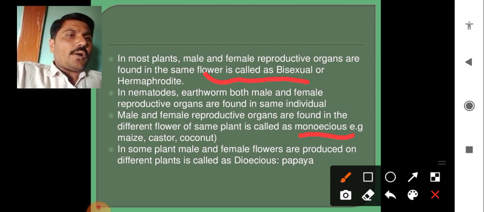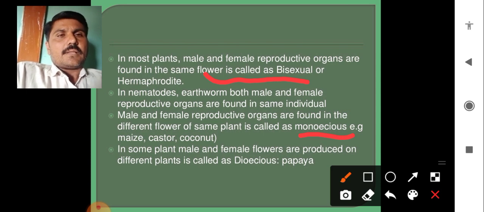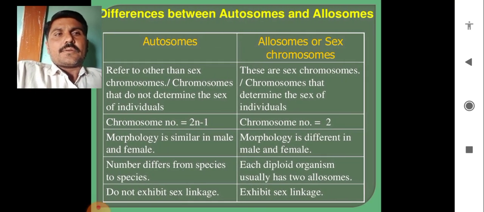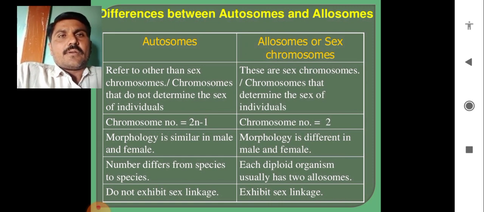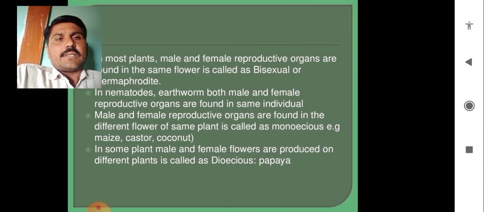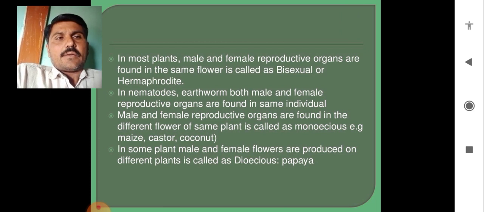That is called dioecious, for example the papaya plant, Carica papaya. So these two plants show us the dioecious and the monoecious conditions.